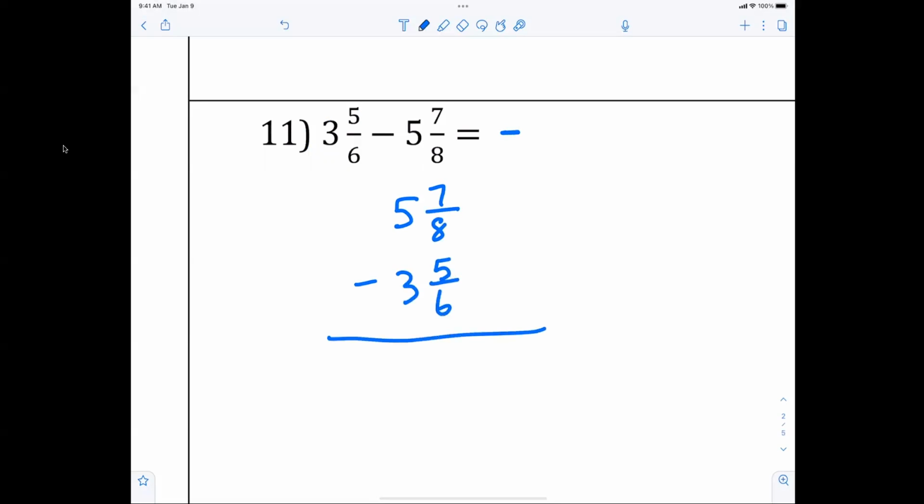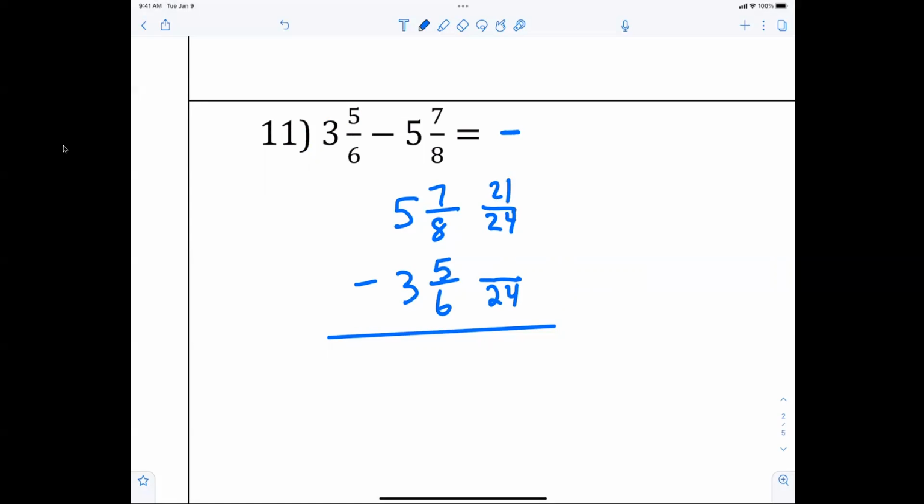Come on, guys. I'm asking for a common denominator with 8 and 6. 24. All right, now what am I multiplying the first fraction by? 3. So that's going to be a 21. What am I multiplying the second fraction by? 4.